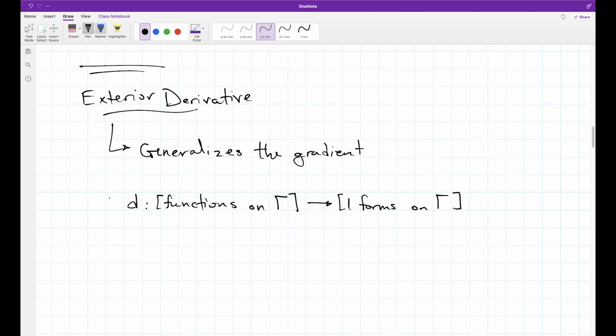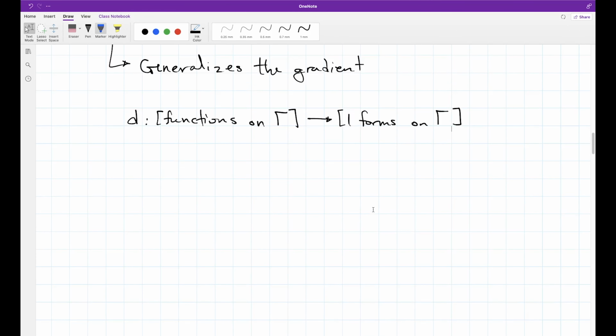Okay, and this makes sense given what the gradient is, since the gradient acts on functions. And it makes sense if we say that one forms on gamma somehow have something to do with partial derivatives. Sorry, let me back up.